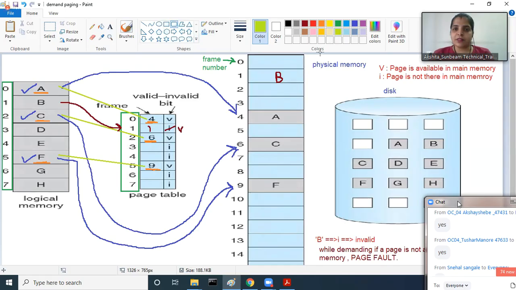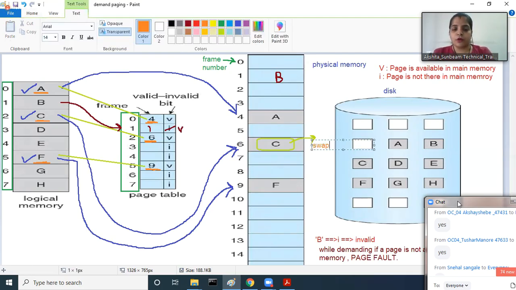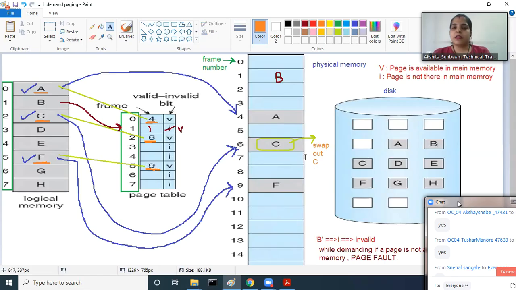Assume I am selecting C and I will take the C process out from the main memory. I will swap out. जिस process को हम बोलते हैं swap out C. I'm taking randomly. Swap out C से क्या होगा? Swap out C से मेरा 6th वाला ब्लॉक फ्री हो जाएगा. क्या मैं उस लोकेशन पे E को लोड कर सकती हूँ? Yes.